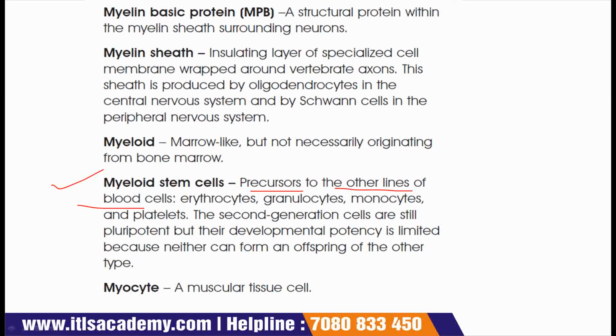What are other lines of blood cells? These are erythrocytes, granulocytes, monocytes and platelets. The second generation cells are still pluripotent but their developmental potential is limited because neither can form an offspring of the other type.